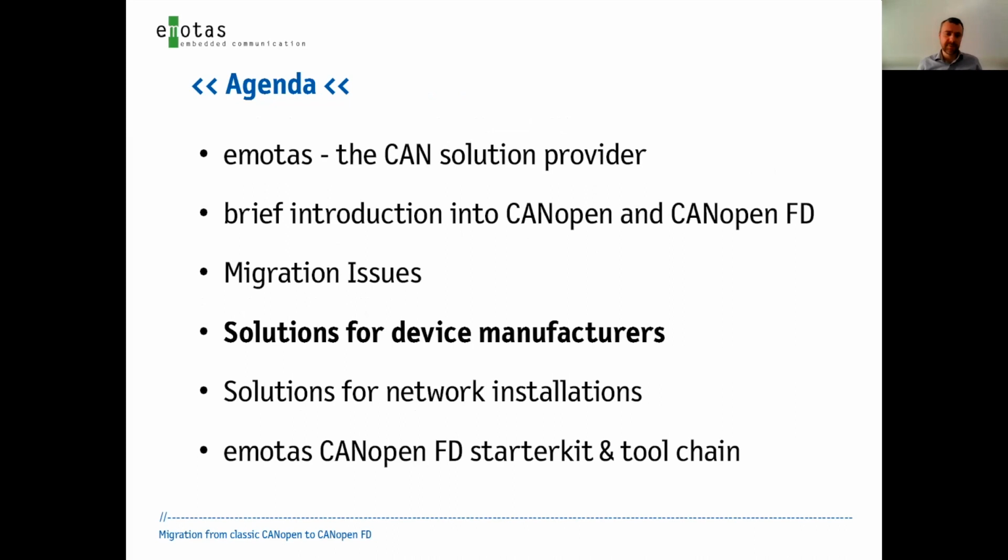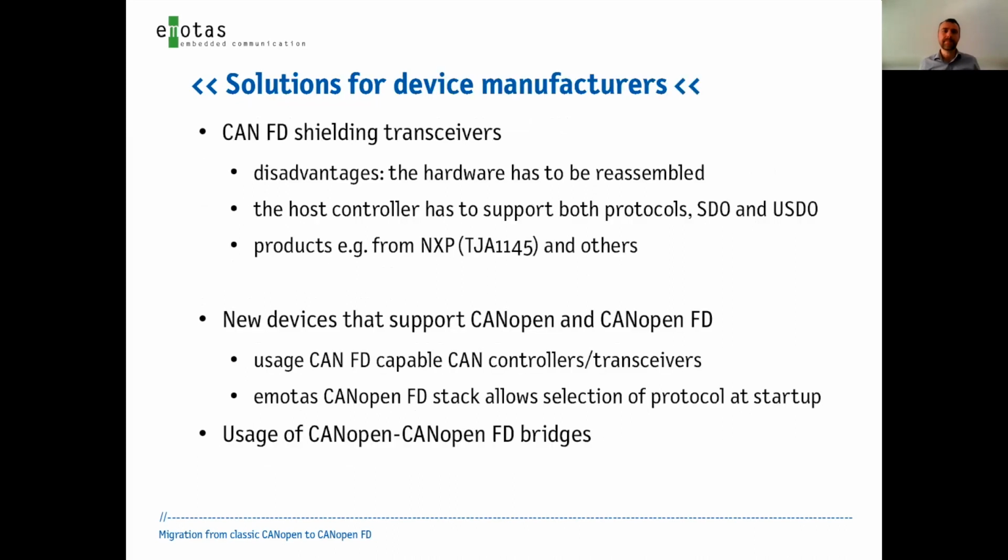One solution is to use a so-called CAN FD shielding transceiver, a transceiver that is able to shield CAN FD frames from the network to the CAN controller. It could be a solution, but you have to redesign your hardware and replace the transceiver, so it might not be the best solution.